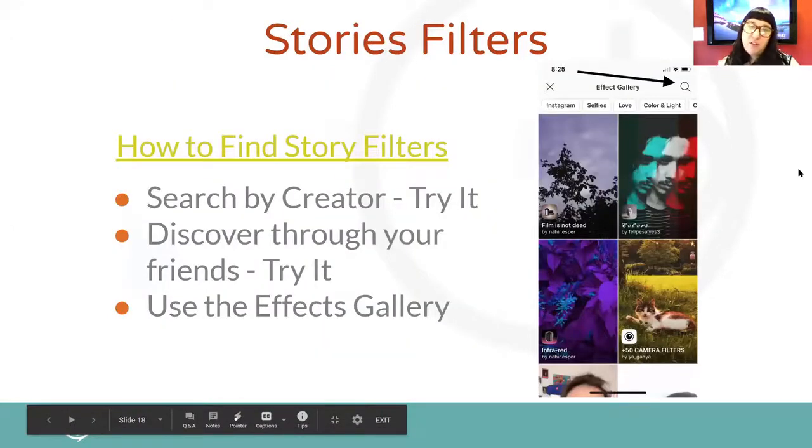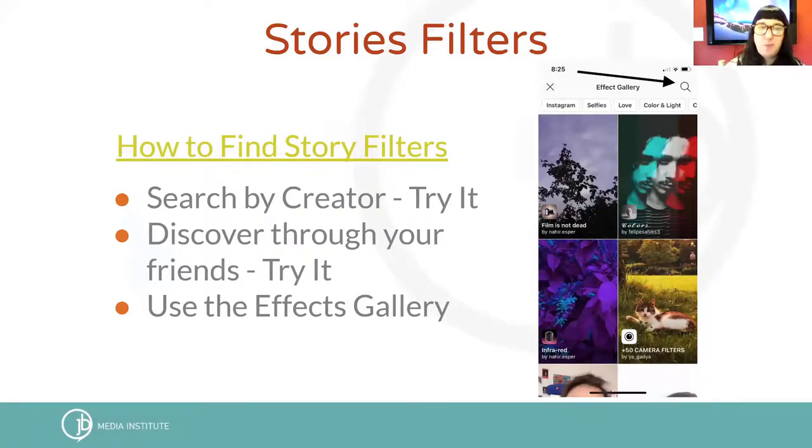The other things that you'll see is that you can create your own story filters, and there's lots of other people out there creating story filters. So again, that's where we get into creators. That can be brands or individuals. They can create different types of filters, and they can make them available for people to try. So if you know that there is a company or an artist that's created a filter, you can search for them, and usually Instagram, when you look at their profile, will tell you that they have filters that they're making available to the public.